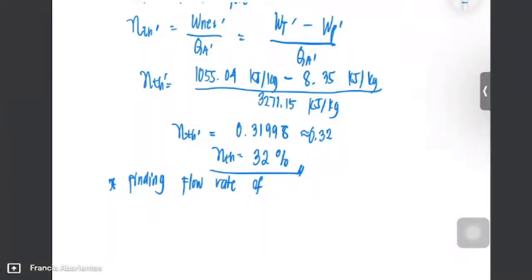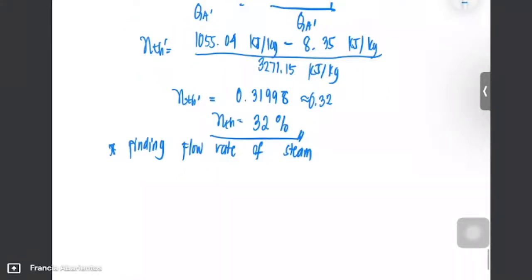Paano yun? Given sa atin sa problem the 100 megawatt, so that is the total net power. Yan yung na-produce.